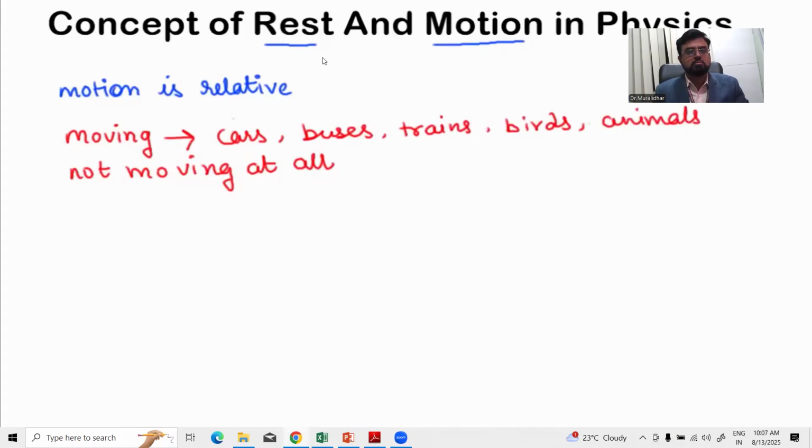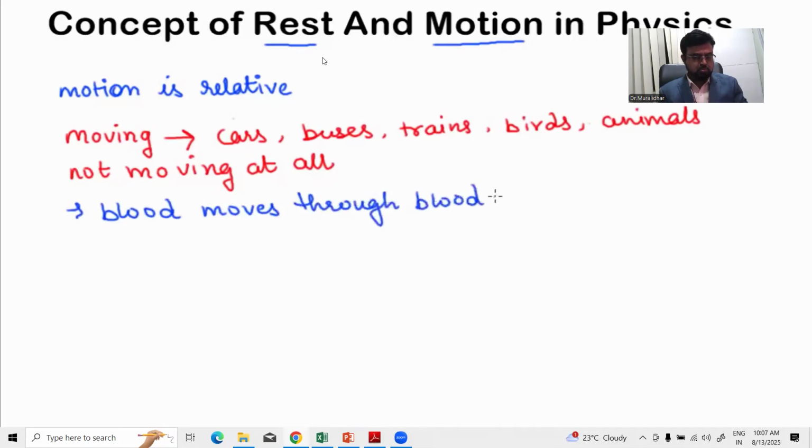Apart from these examples, things are in motion inside of our body too. For example, Blood moves through blood vessels. Our muscles move when we work or play.